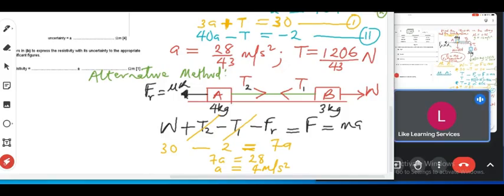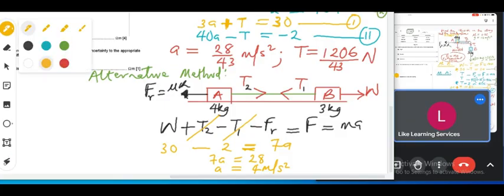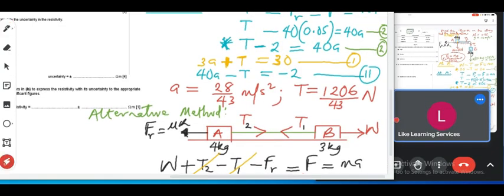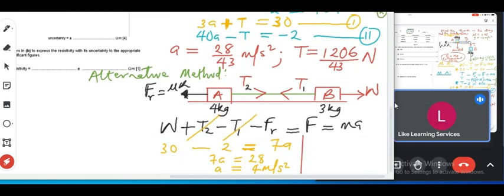I'm showing you this method. We've gotten the acceleration, 4 meters per second squared. When we're getting these funny numbers, I start suspecting something, but it's okay. We get to the root of the matter.